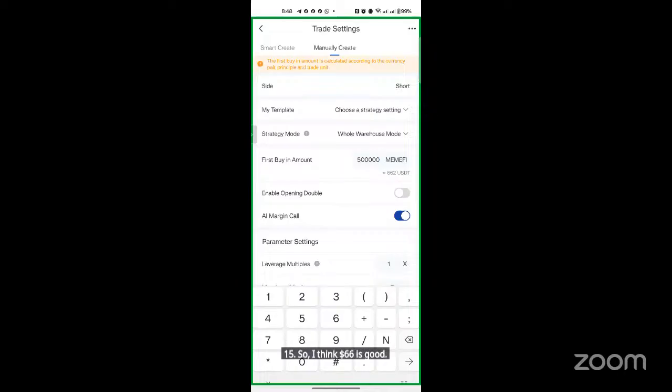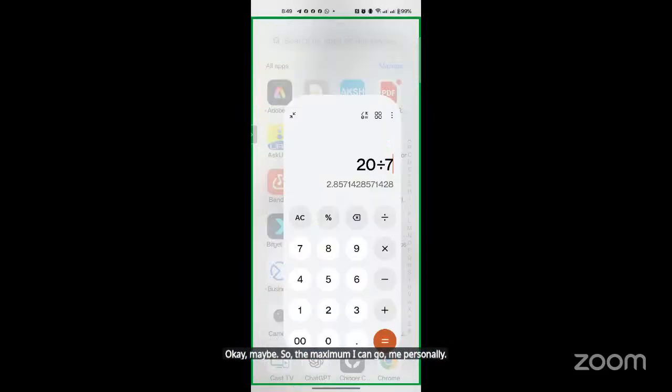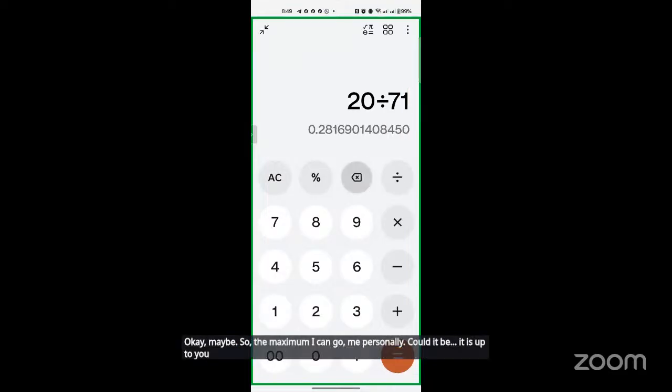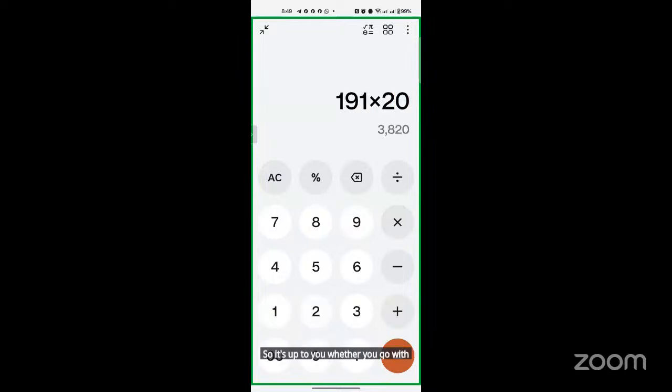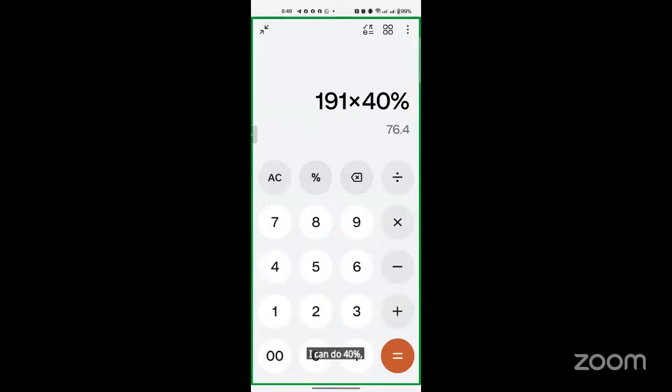The maximum I can go, me personally, it is up to you. But those who have lived with me know I'm a very high risk taker. So it's up to you whether you go with 20% of your capital. For me, this is very small. I can do 40% of my capital, which is around $76.